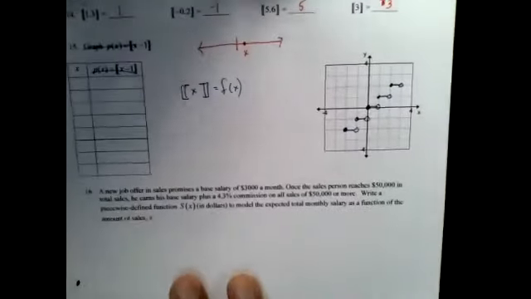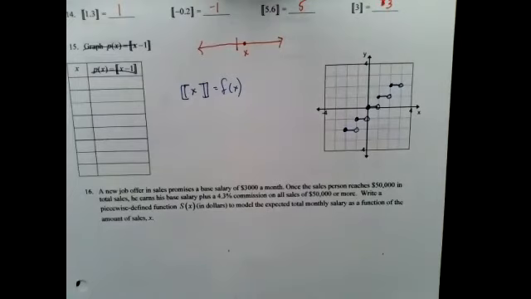All right, not so bad. A new job offer and sales promotion has a base salary of $3,000 a month. Once a salesperson reaches 50,000 in sales, he earns his base salary plus 4.3 percent, and so on. Write a piecewise function. No, we're not going to do that.